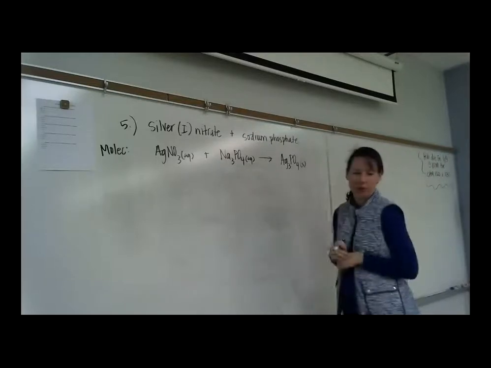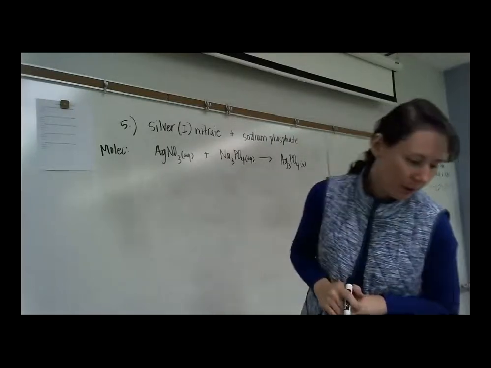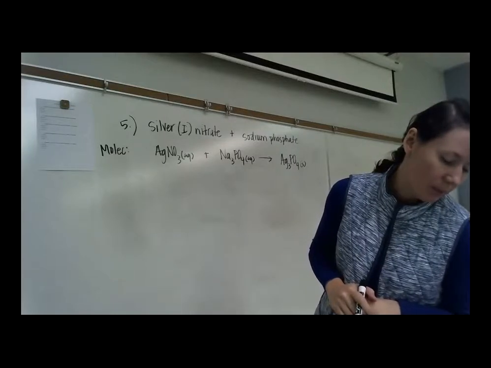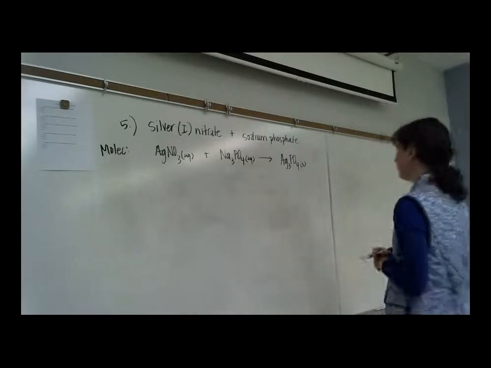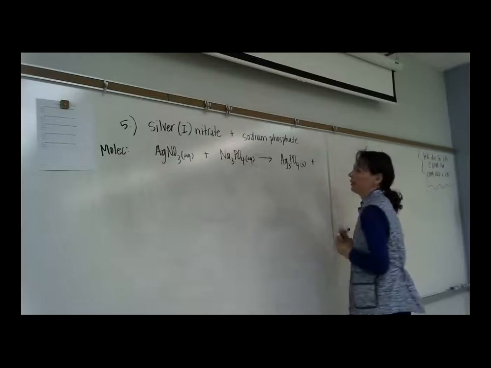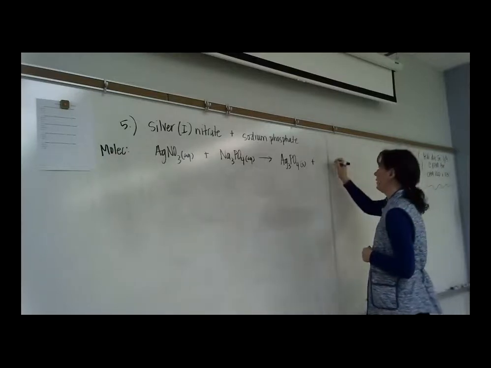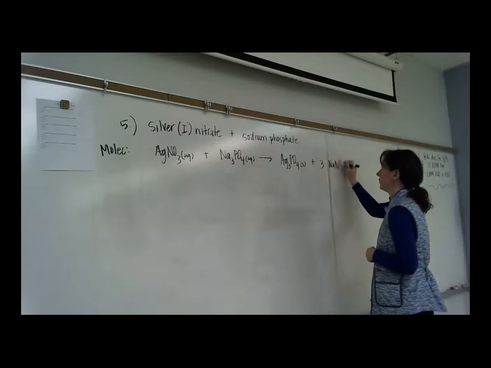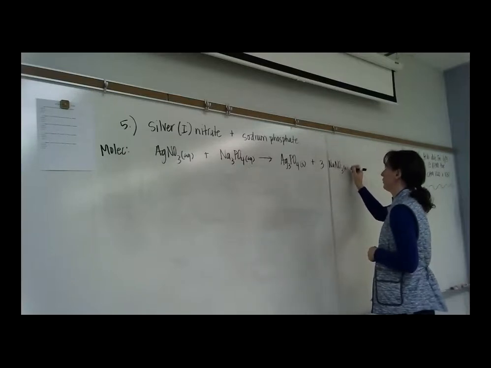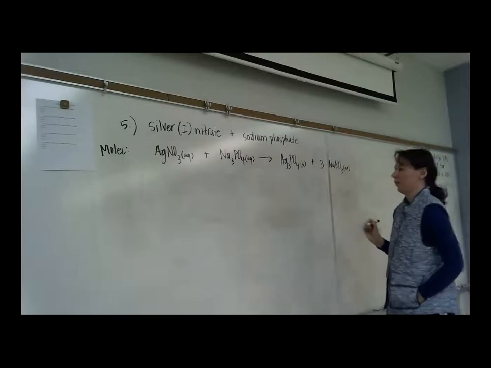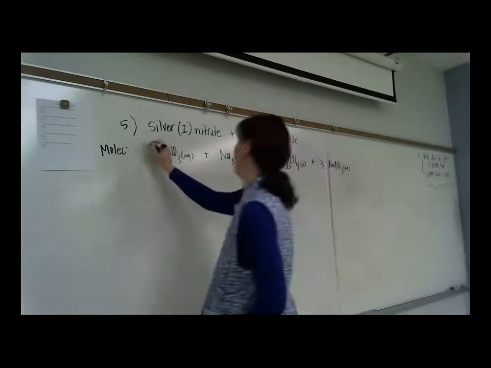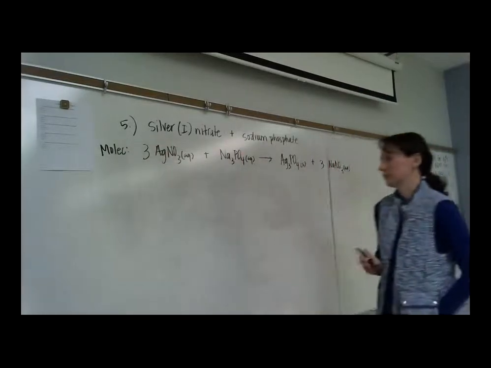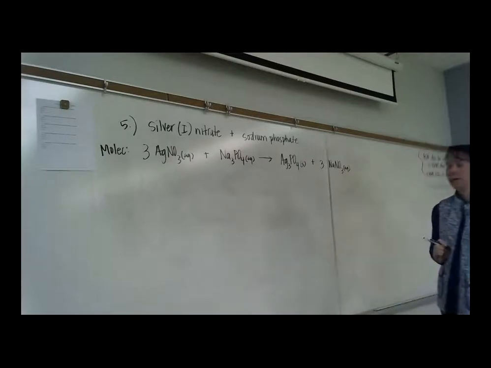If you look at your solubility rules, phosphates, the only soluble phosphates are ammonium and group 1. And NaNO3, go ahead and balance. That one's aq, right? And we need a 3 here as well. Do we agree?